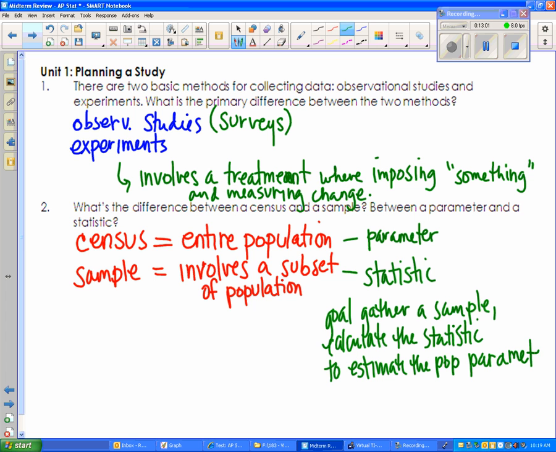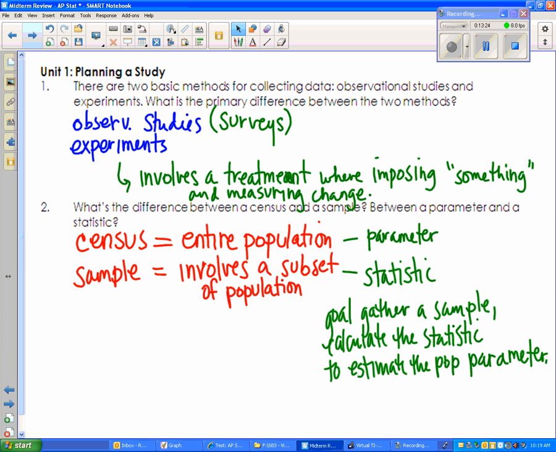Because we can't always do a census every time we want information about something, what we do is we gather a sample. Hopefully it's a good sample, a representative sample. So we'll talk about the different types of sampling, the different types of bias that we have to be careful of. As long as you have a large sample, taken using proper techniques, then hopefully the statistic that we obtain is a good estimate of the population parameter.